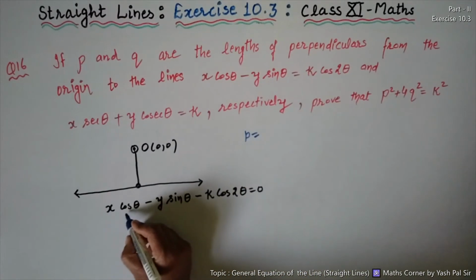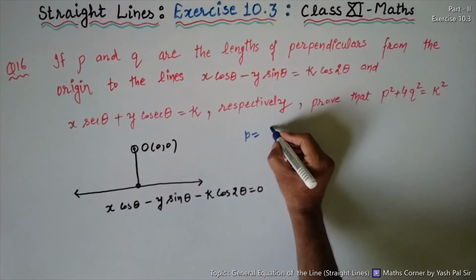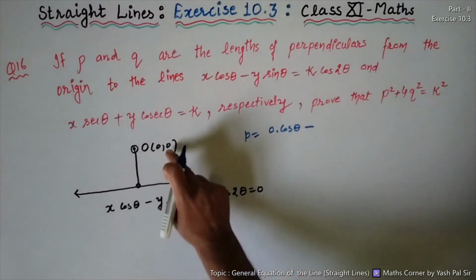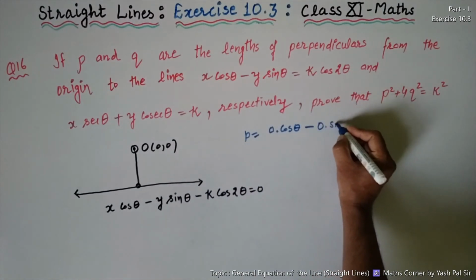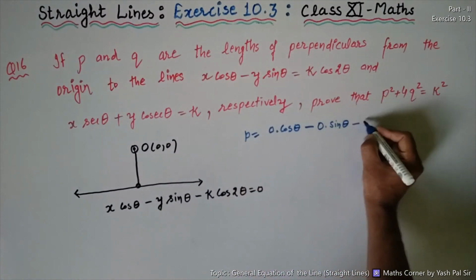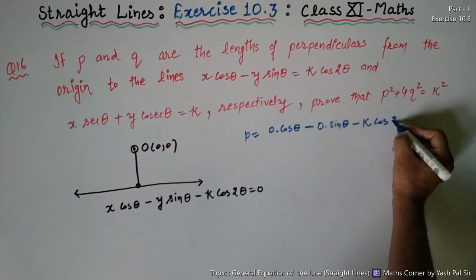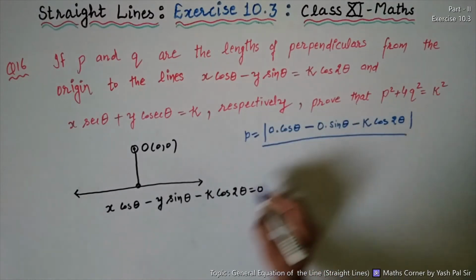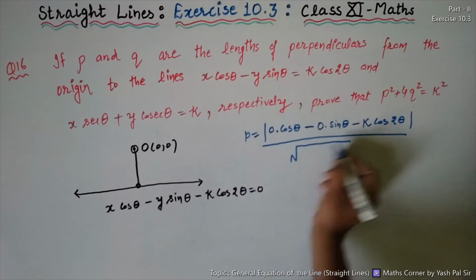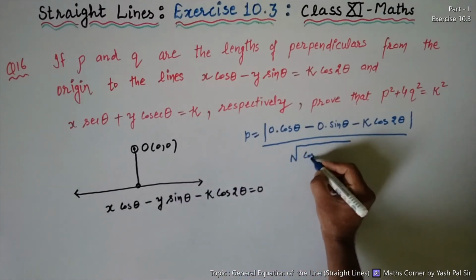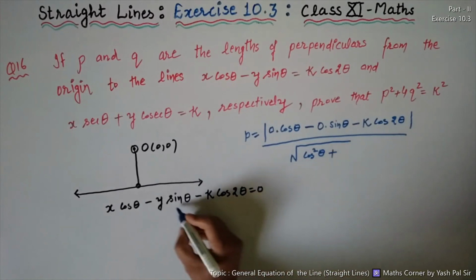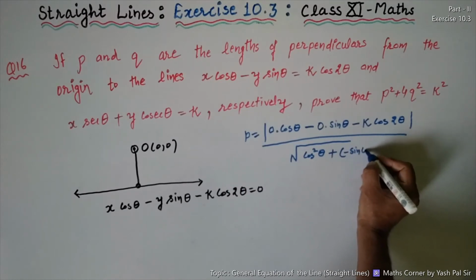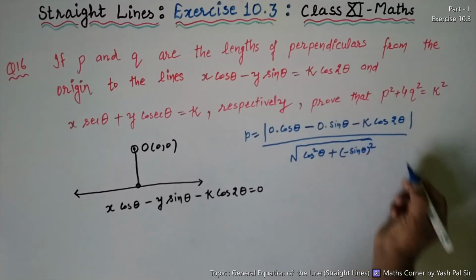p is equal to, in place of x we write 0, 0 into cos theta minus, in place of y we write 0, 0 into sin theta, minus k cos 2 theta, modulus sign, whole divided by square root of coefficient of x is cos theta, its square cos square theta, plus coefficient of y is minus sine theta, so minus sine theta its whole square, that is also sine square theta.